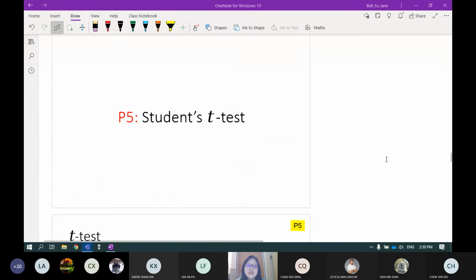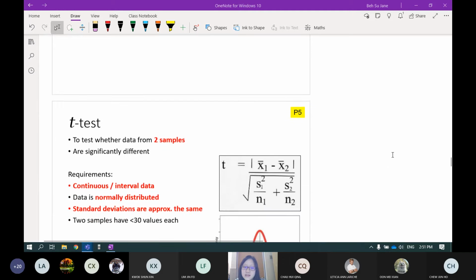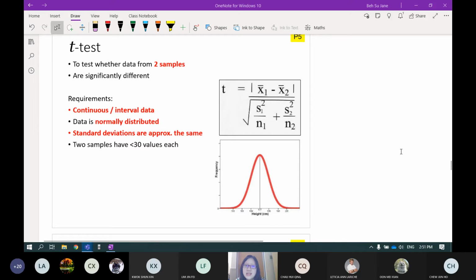So here we go. Student's t-test. There's many types, but this is the student's version, the easiest one. So t-tests are to test whether data from two samples are significantly different. Now this is different from chi-square. If you remember chi-square, you're also testing for significant difference, but you are testing between observed and expected. So usually you are only given observed, and for expected you sort of use a ratio of some kind.